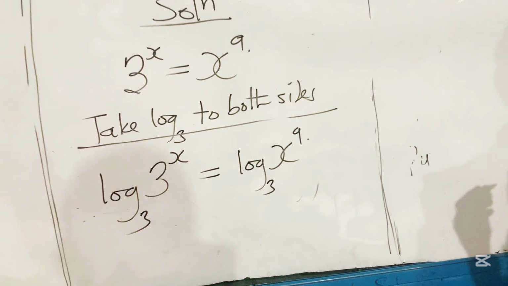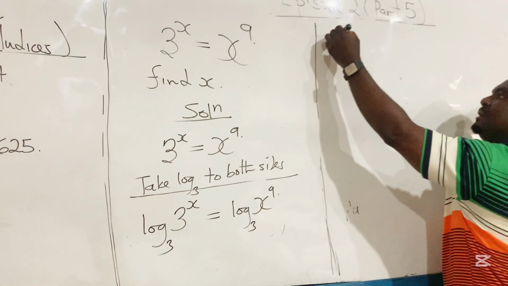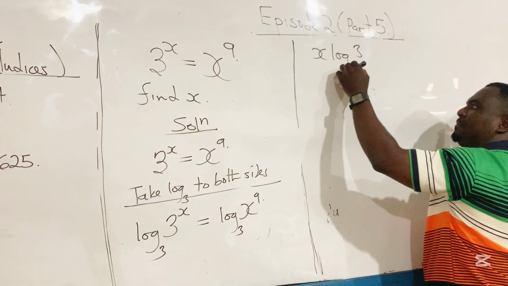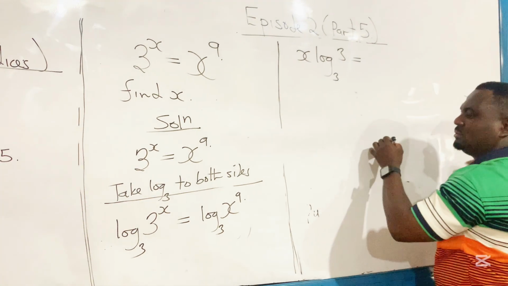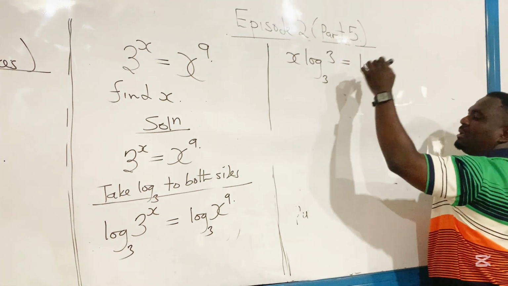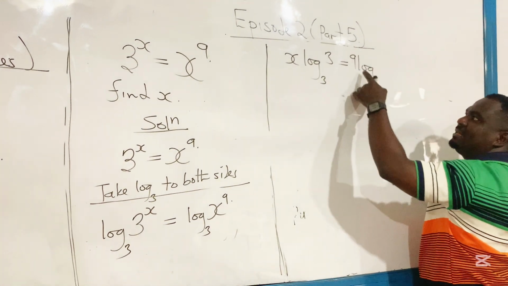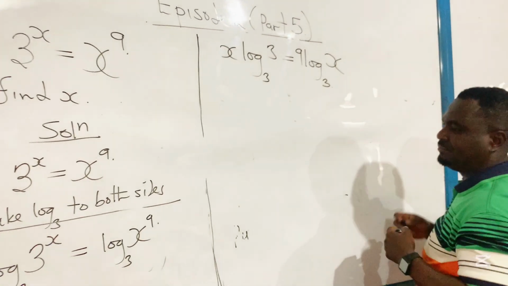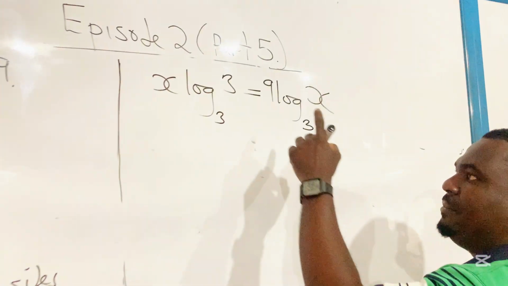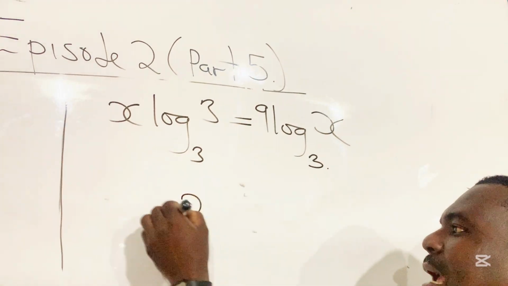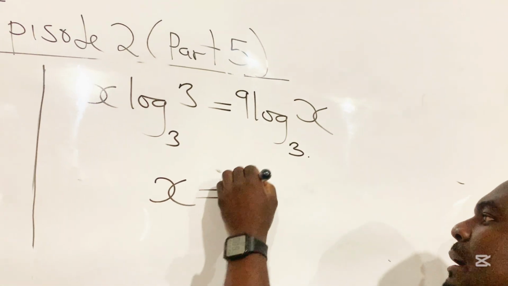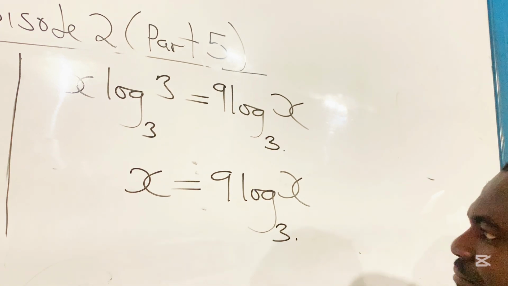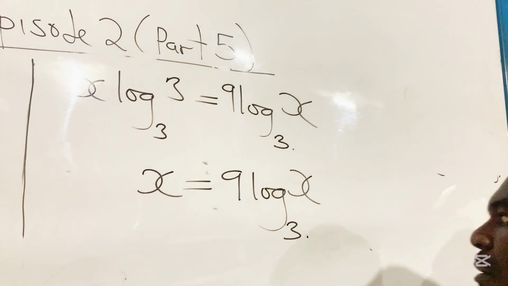So from here, it's going to be x log of 3 base 3 equal to 9 log x base 3. From here, we can write this as x is equal to 9 log x base 3.